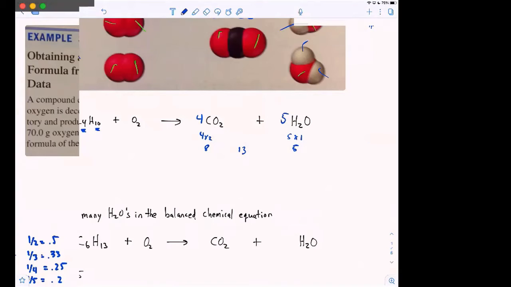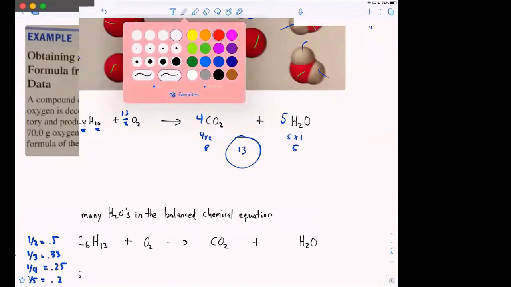So the way you can balance this, you can say we have 13 halves. Balancing 13 oxygens on this side of the equation means you need to have 13 halves oxygen molecules on the left. So of course, as mentioned before, discrete mathematics, we can't have fractions. So then we multiply this whole thing by 2.